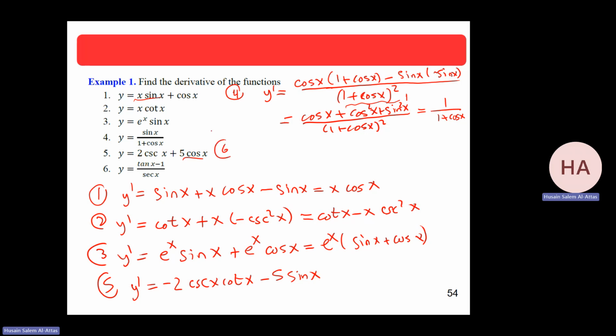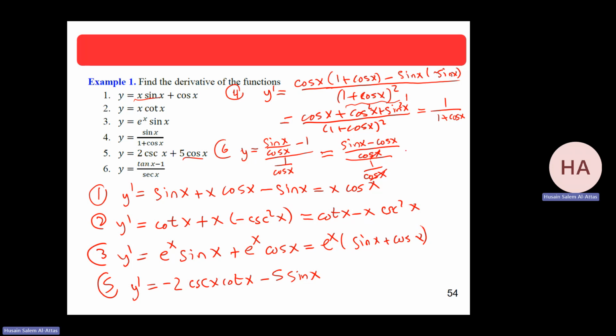Yeah. Number 6, the idea, sometimes you can simplify the function, then you can do the derivative. So look at this: tan x minus x over secant x. This is the function. It will be sine x over cosine x minus 1 over 1 over cosine x. So that gives me sine x minus cosine x over cosine x over 1 over cosine x.